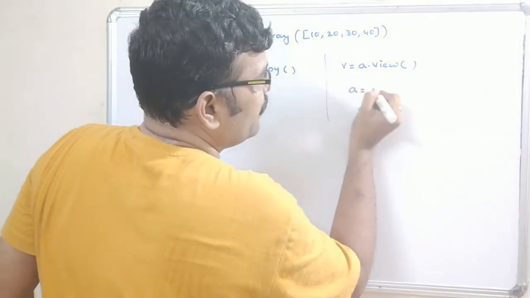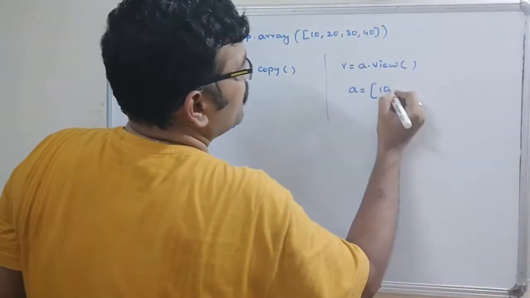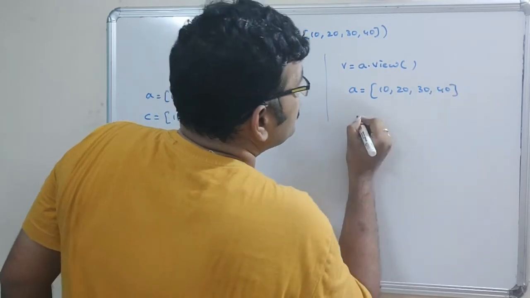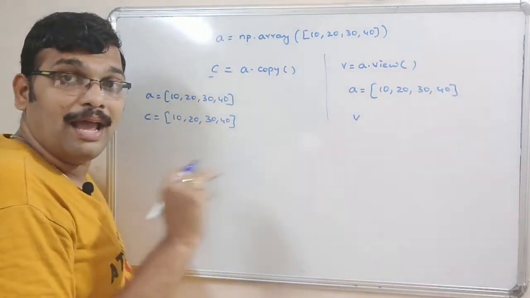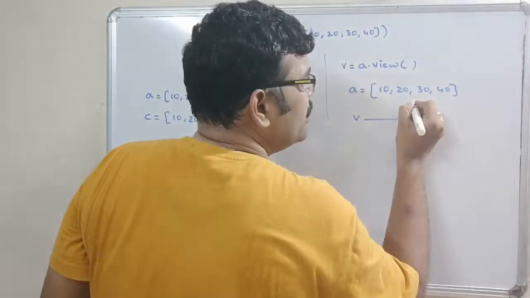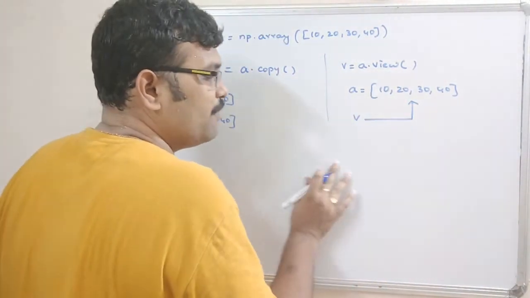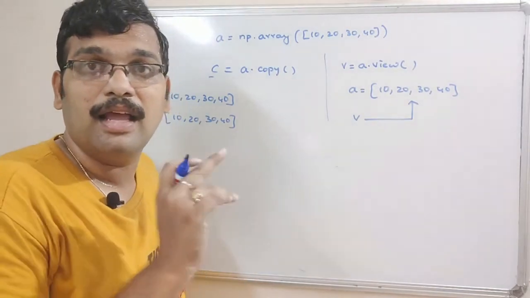So a will be created with the same elements, because here we are creating the array by using the array function, and v will not have its own array, but it will point to the same thing. So it is a reference. View is a reference of the original elements, right?